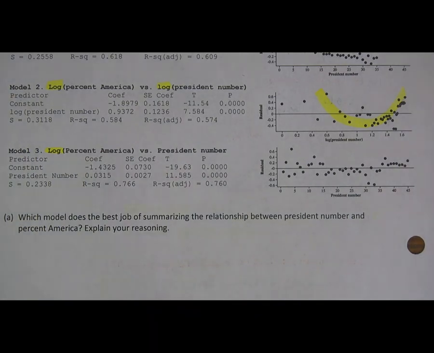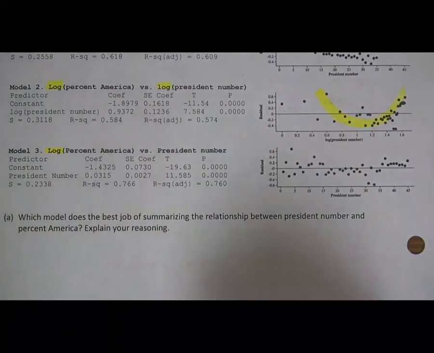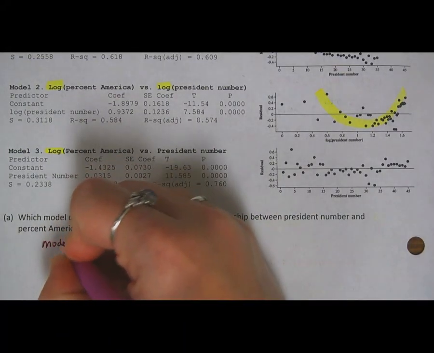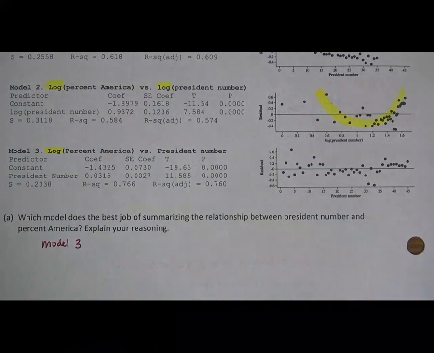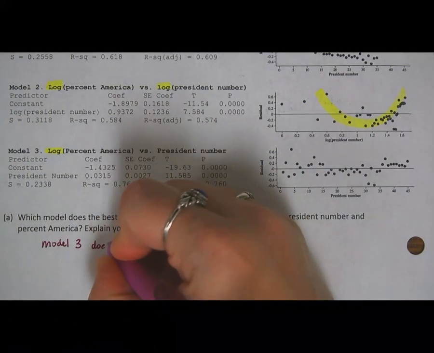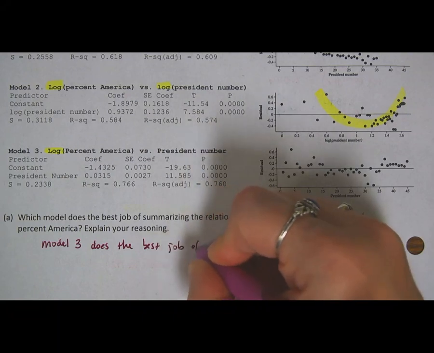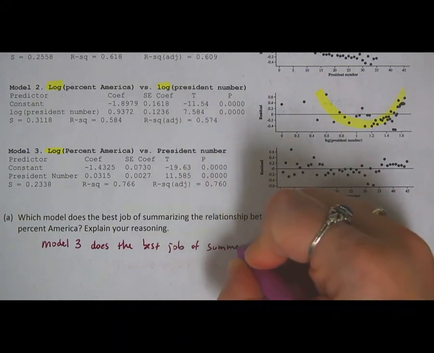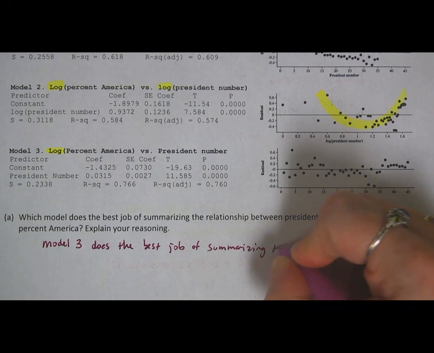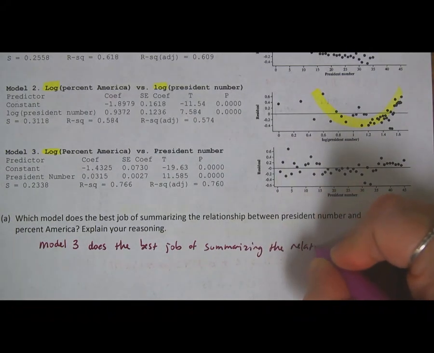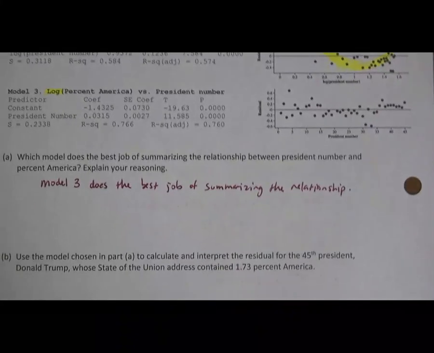So part A says, which model does the best job of summarizing the relationship between the president number and percent America? Explain your reasoning. Model 3 does the best job of summarizing the relationship, that can be a sentence.